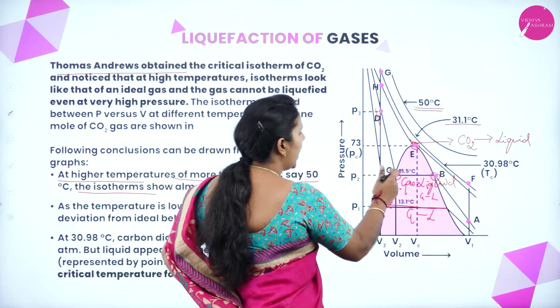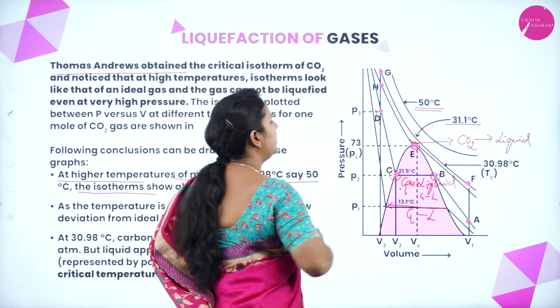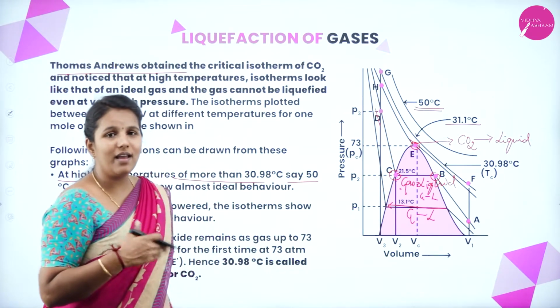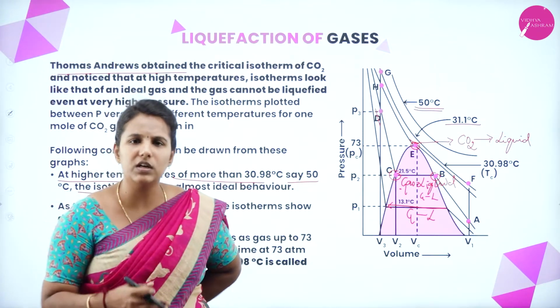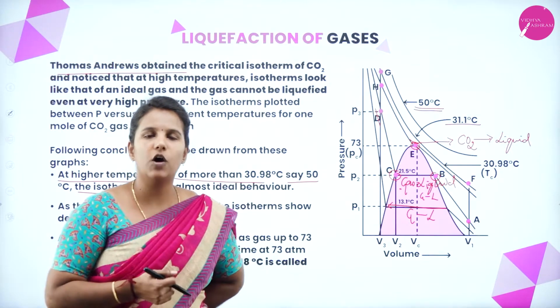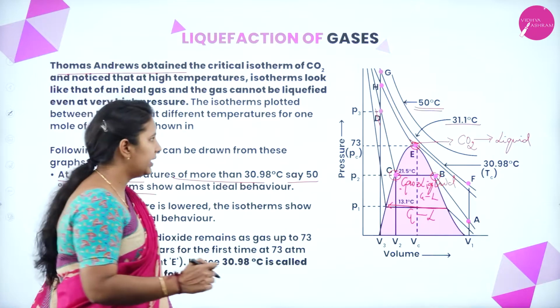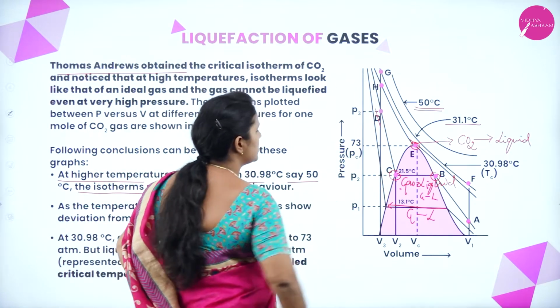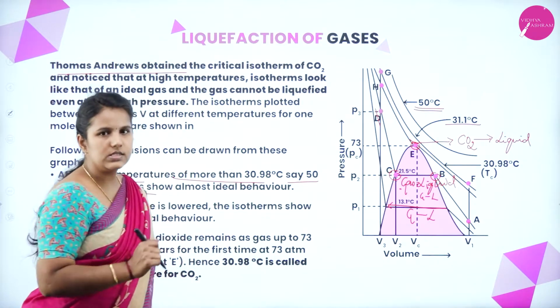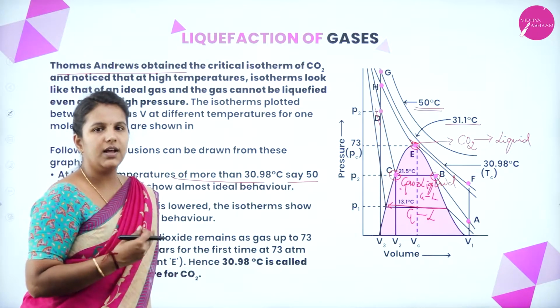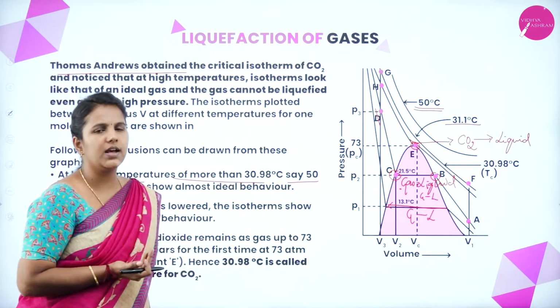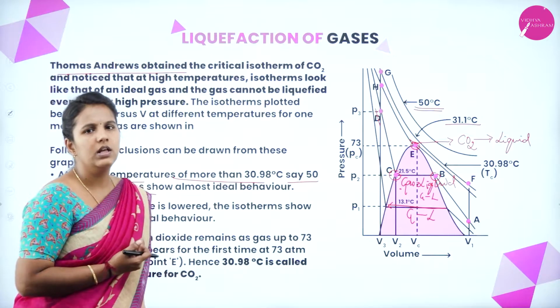Is it right? After that, when you increase the pressure, the gas molecules are converted into liquid and form a supercritical fluid, and finally it approaches zero. This is how he explained the entire graph by taking carbon dioxide as the gas.